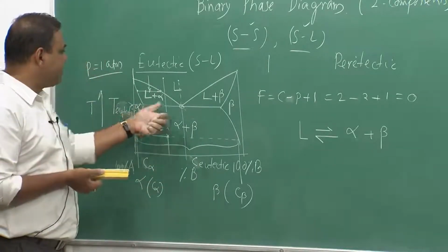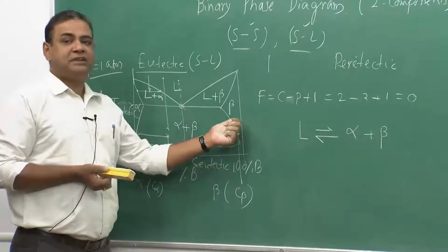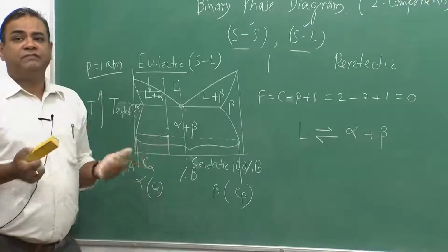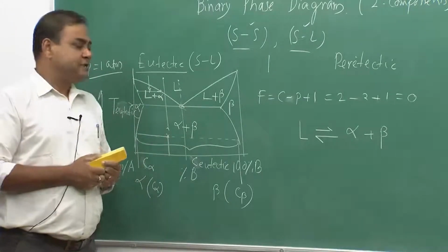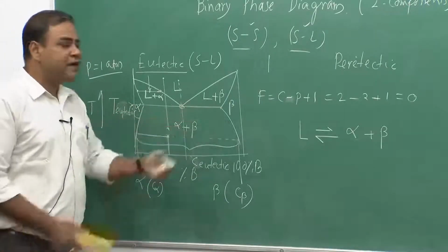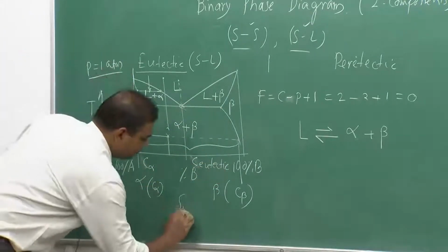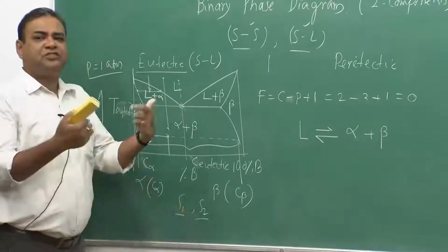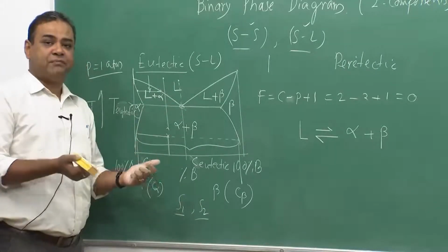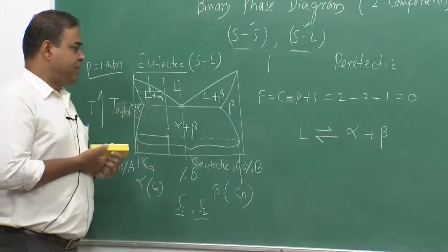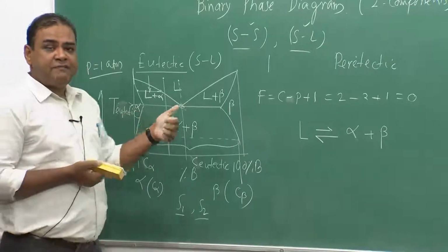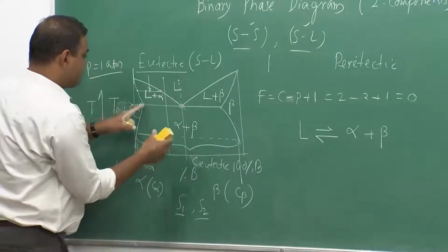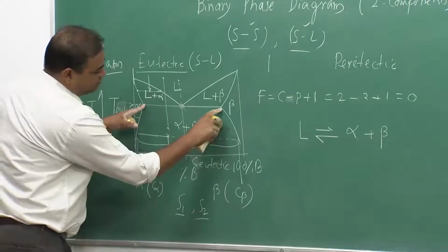So, when I am talking about alpha and beta, if these notations are given in a phase diagram, you can immediately assume that alpha and beta have different crystal structures. And if instead of alpha and beta it is written as S1 and S2, solid 1 and solid 2, people assume that they have similar structure. So, alpha and beta means they have different structures and different composition. Of course, at this point you will see the composition of alpha would be this and the composition of beta would be this.